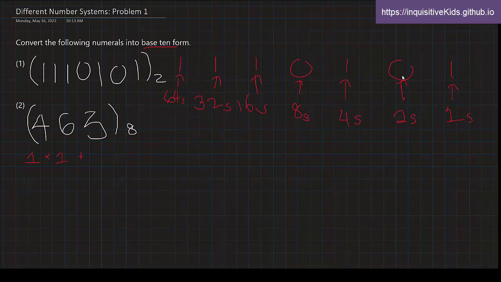Now, this is just saying how many 2's there are. This is the place value, and this is how many of those there are. So we multiply 0 with 2. Then we have the 4's. So we have 1 four because in the 4's place, there is a 1. So we have 1 times 4.